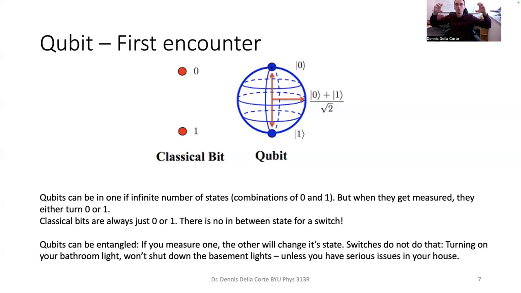And this ability to have one qubit change a state, and as it changes it, the other one also assumes the same state. That is the basic idea of quantum entanglement. And that is something that's completely out of the ordinary. You've never experienced that in normal life unless you had a really crazy electrician work in your house. Okay, light switches, they operate independent of each other, but qubits, they can operate together.